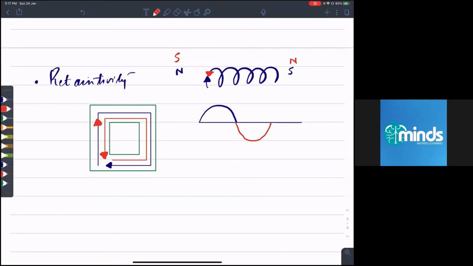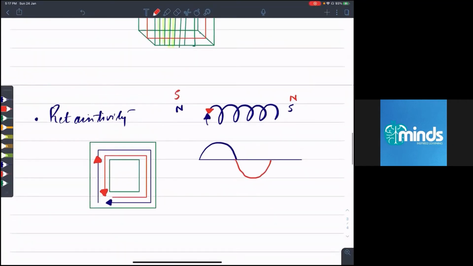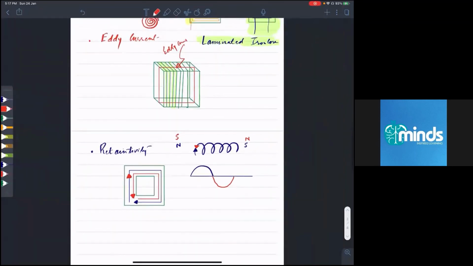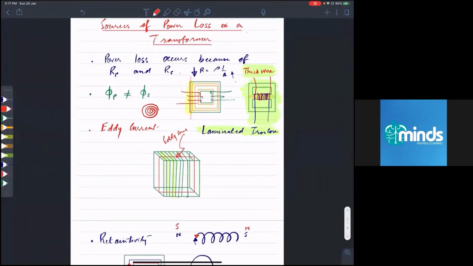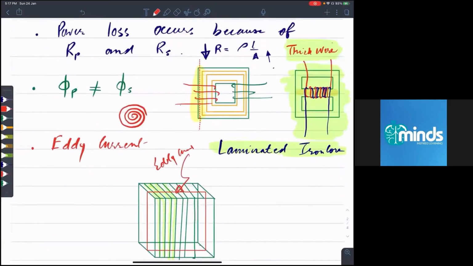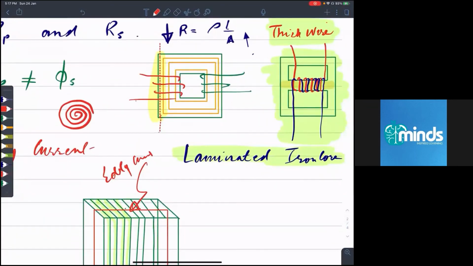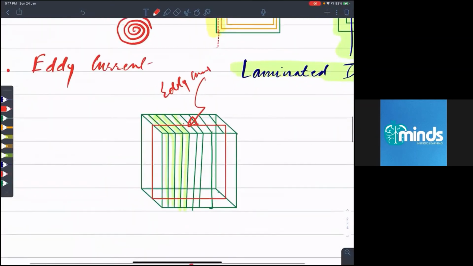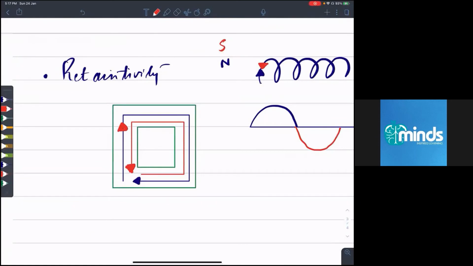So good magnetic materials are used so that flux is more and more within the core, and a good magnetic material will have a high retentivity. So we need a material which is magnetic as well as has less retentivity at the same time. So we designed an alloy.